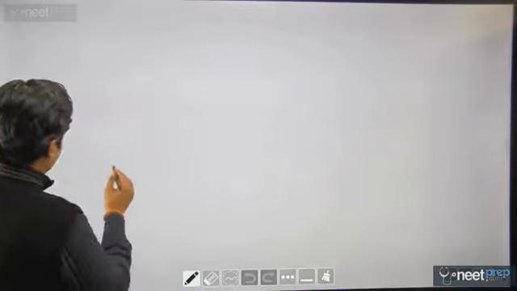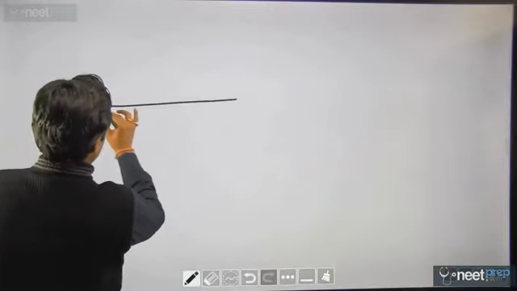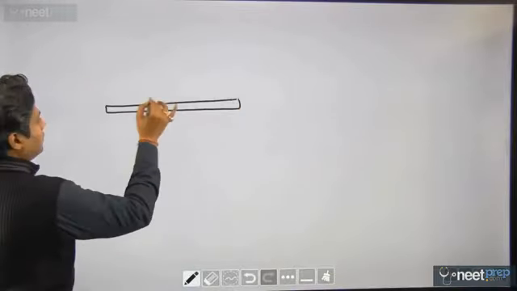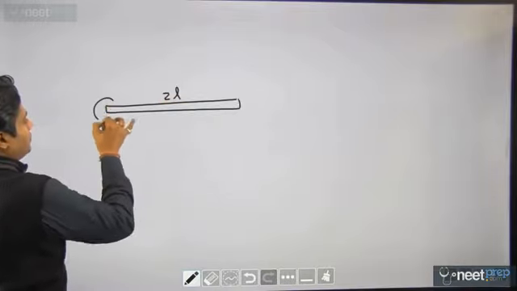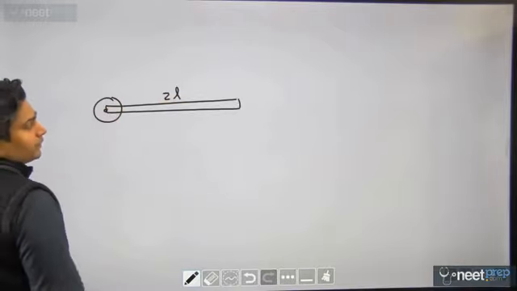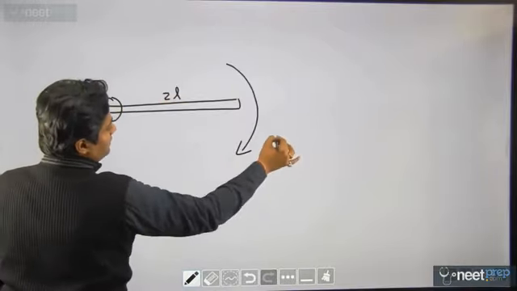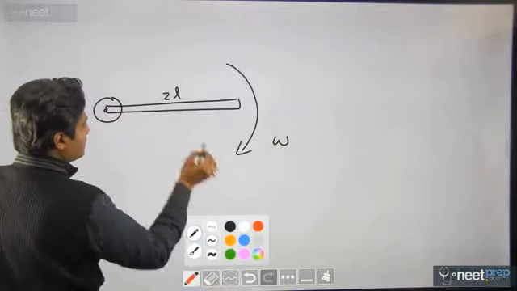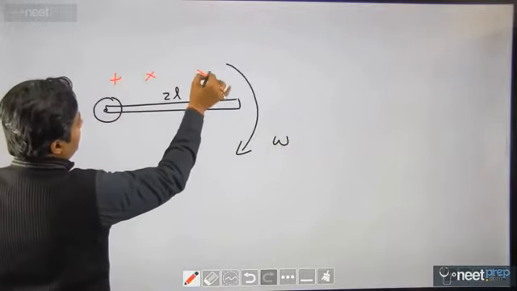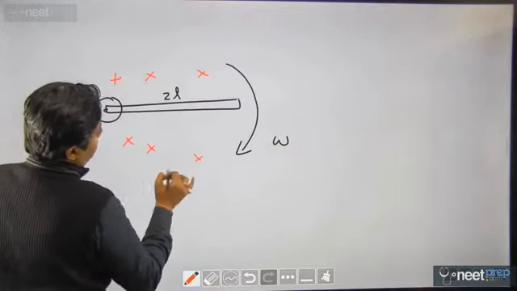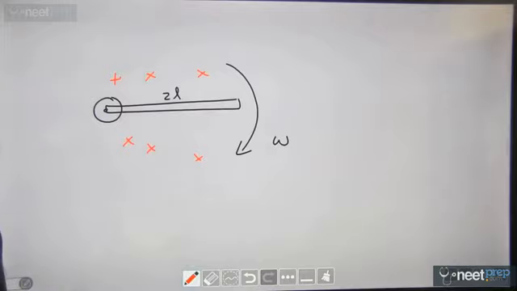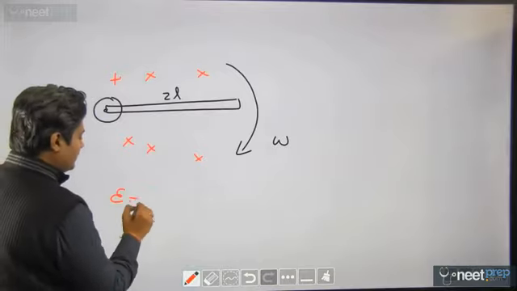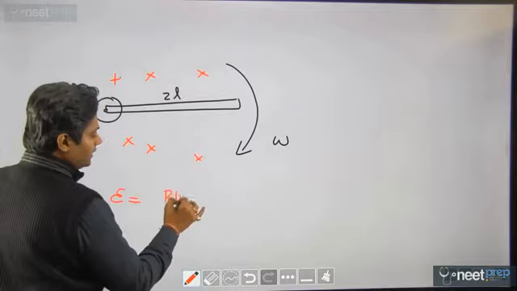Let us try to understand it better. For example, we have a rod of length 2L which is rotating about this end. Now the direction of rotation is this, and the magnetic field is again in the downward direction. Then, my dear students, we know the potential difference EMF due to rotation of the rod will be B omega r square by 2.